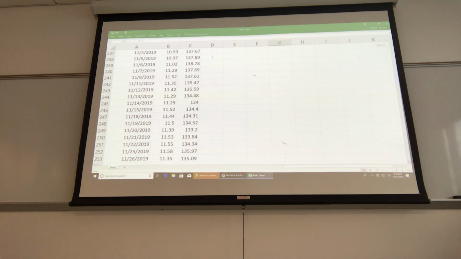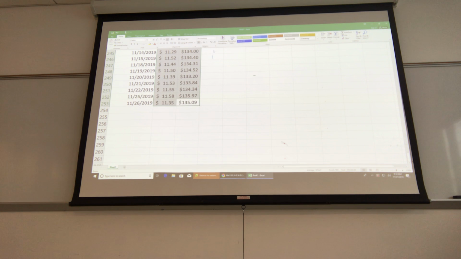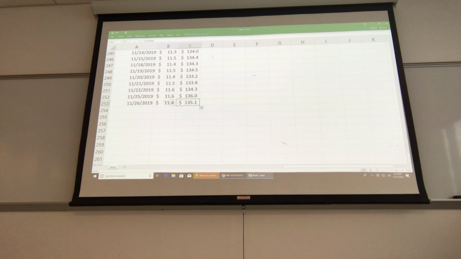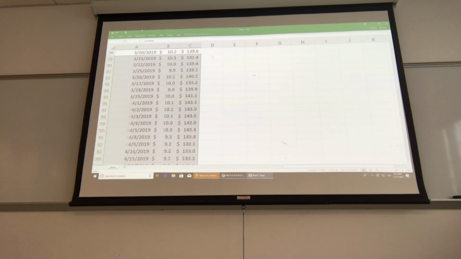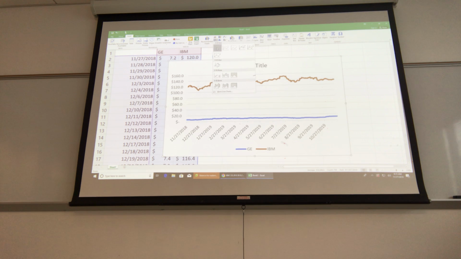Step 1. I take all of my data and I format it based upon what I have here. I may not want to see the pennies. I will have 1 decimal point. I want to see how the stock is fluctuating. I take my data and I graph them.